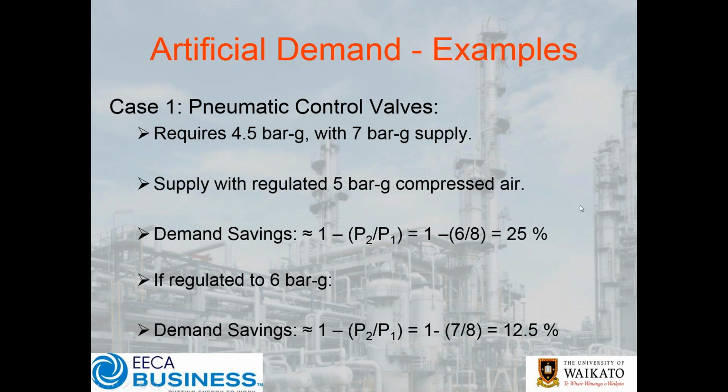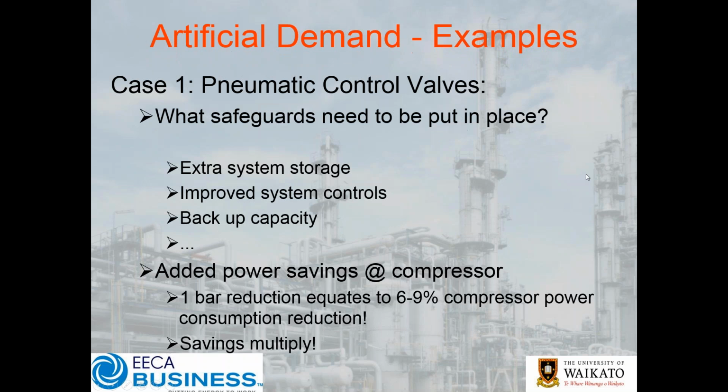Do you really need that much insurance? Now, obviously, if you're going to drop your pressure to those valves, you need to make sure that you don't have a potential exposure to a risk if you drop some pressure instantaneously for a short period. So you might need to think about some safeguards.